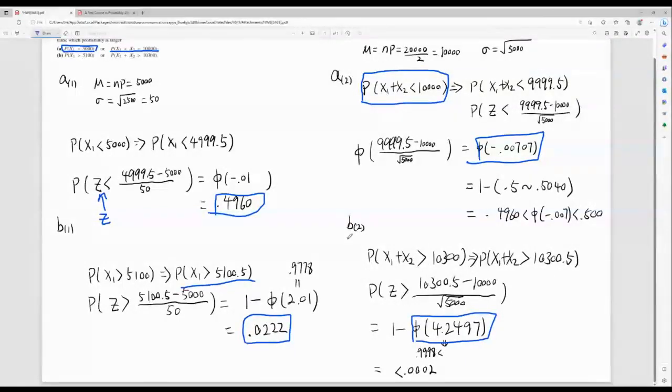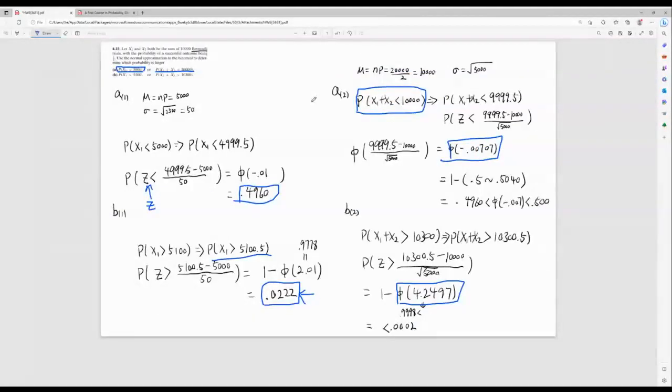We call those outliers. And so the complement would be less than 0.0002 compared to the left-hand side. The left-hand side would be bigger. I see. Nice. Okay. Thank you, Jen.